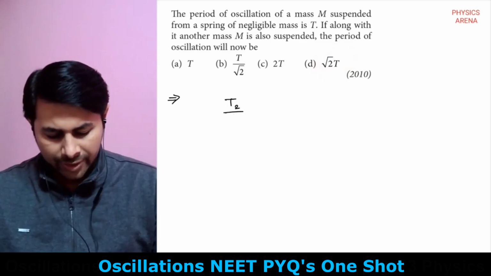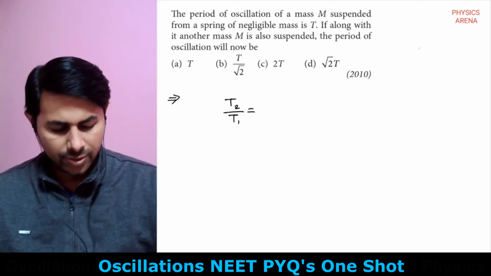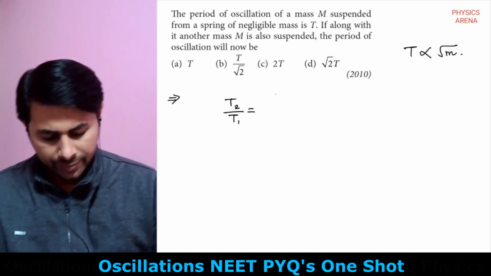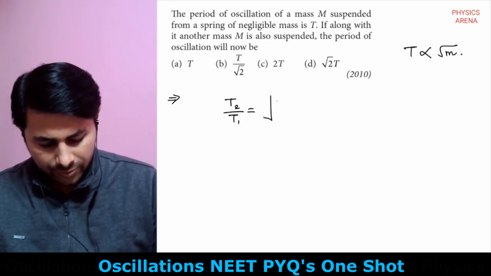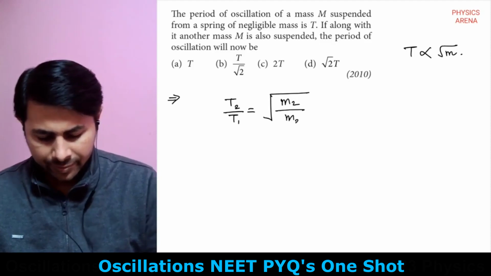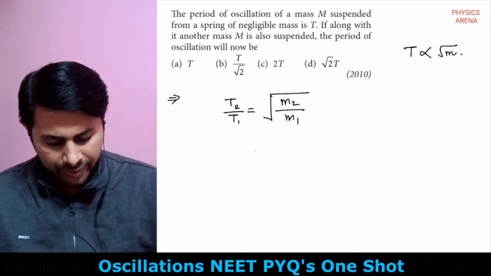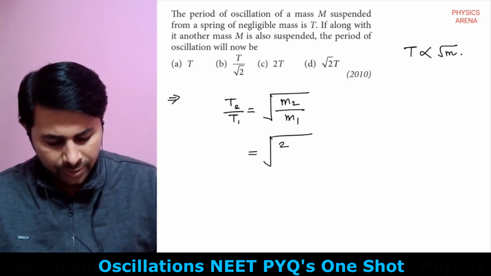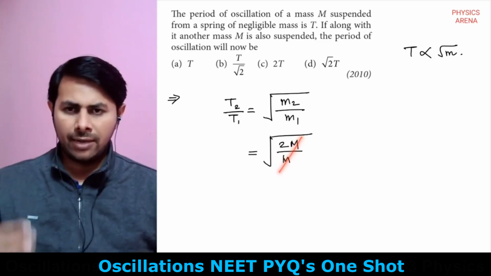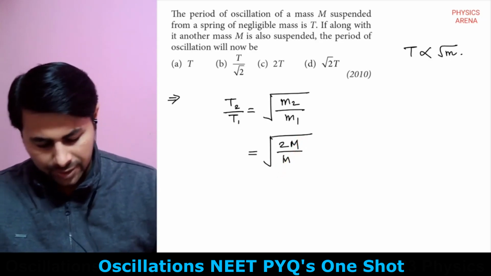Because T2 by T1 equals what? Because T is proportional to root of m, it is equal to root of m2 by m1. So that is 2m upon m. So m and m get cancelled out. So T2 equals root 2 times T1.